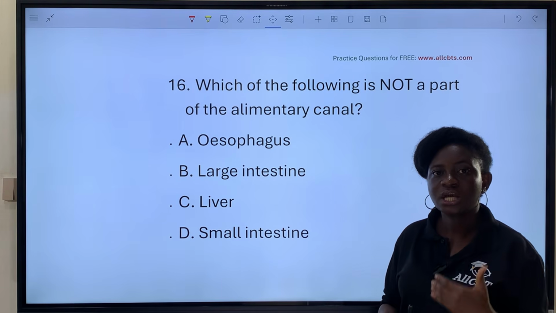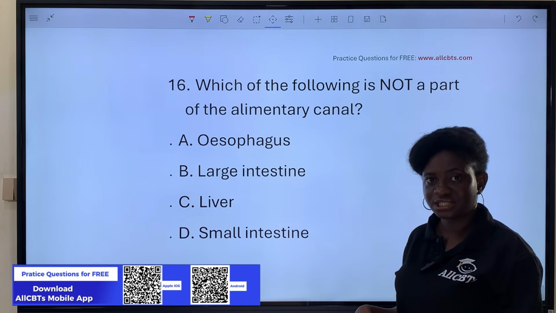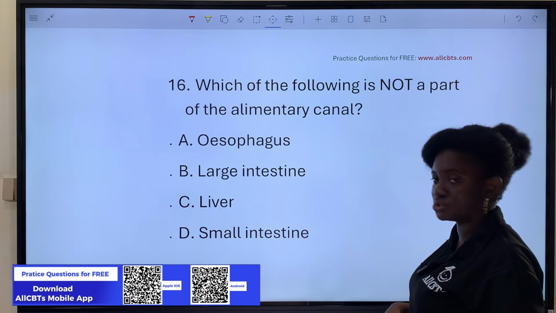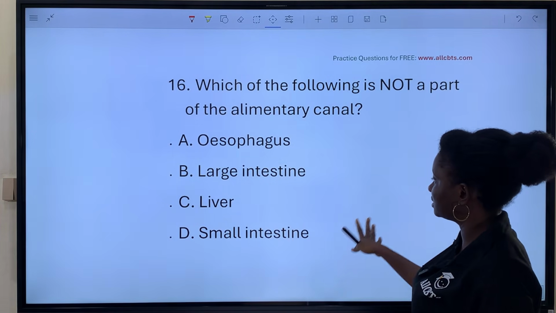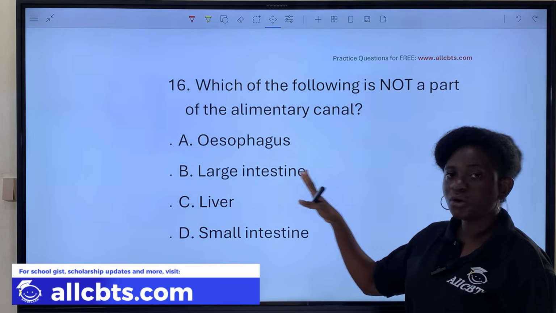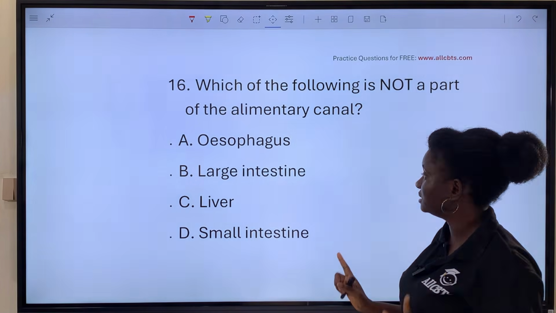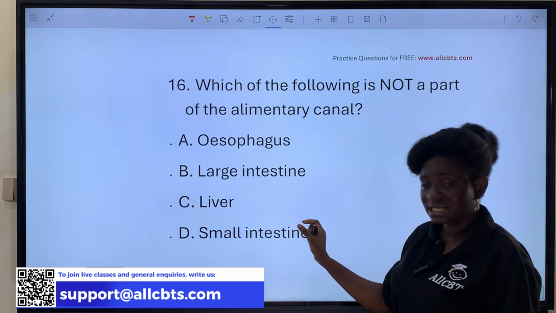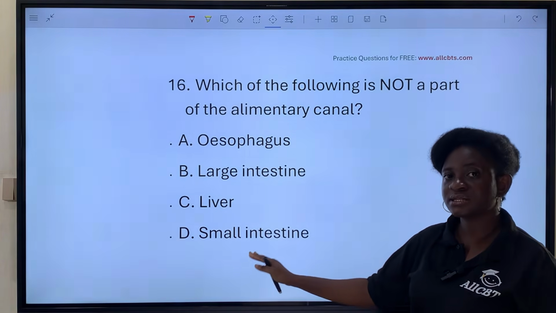Then it goes to the small intestine, from the small intestine to the large intestine, then to the anus, where waste is passed out. So which of these here is not a part of the alimentary canal? From what I've listed earlier, the only organ here that is not part of the alimentary canal is the liver. So option C is the correct answer.